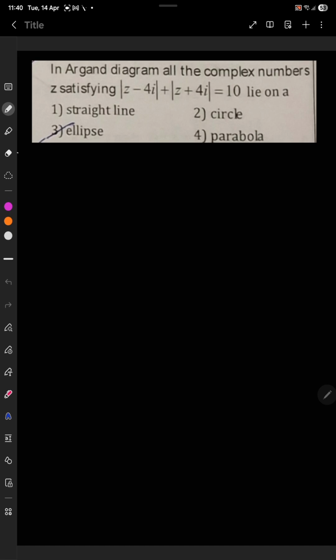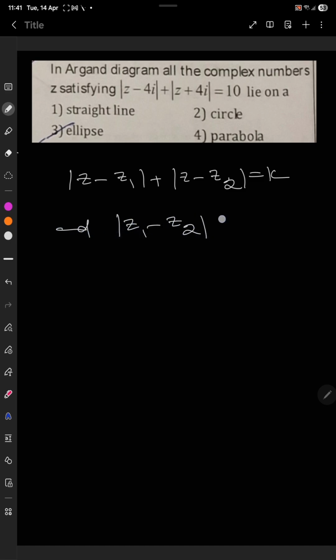And in this problem, given that |z - 4i| + |z + 4i| equal to 10, where does z lie? We know that |z - z1| + |z - z2| equal to k, and |z1 - z2| is less than k, then z is a locus of an ellipse.